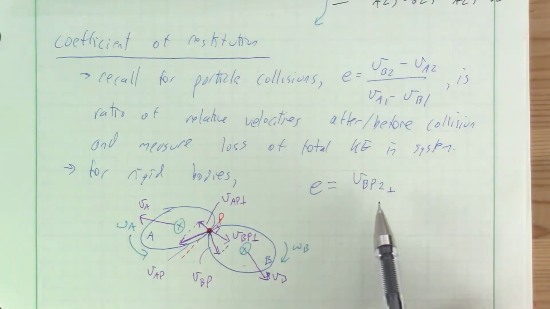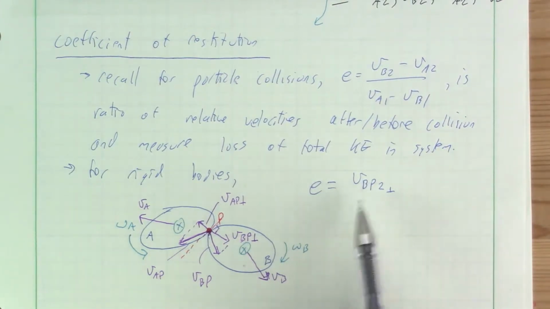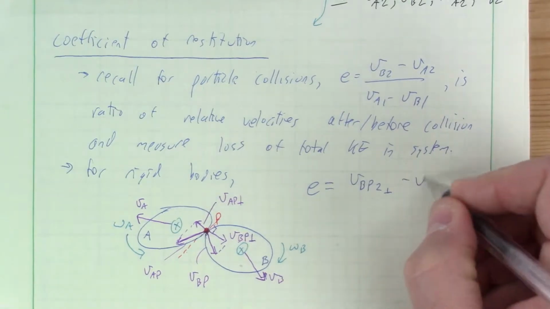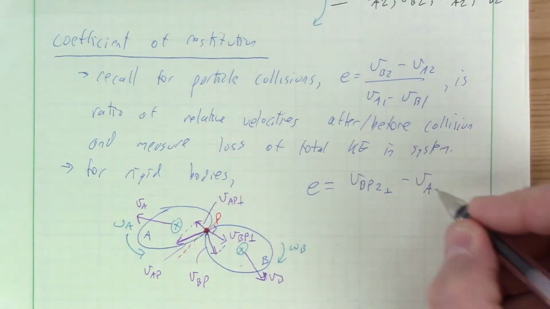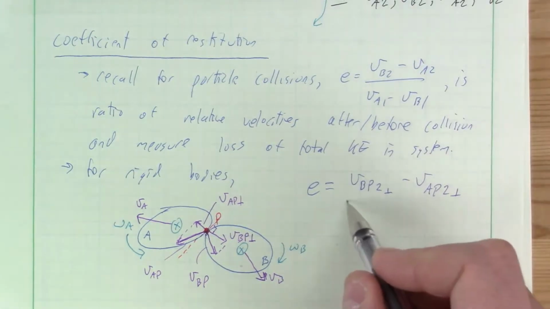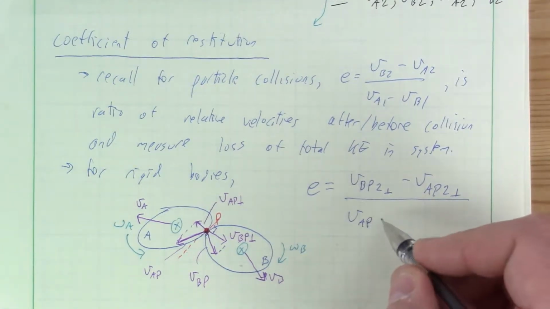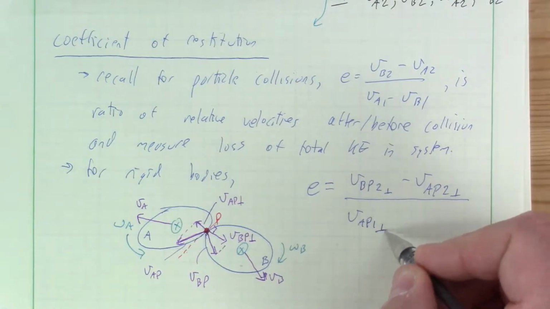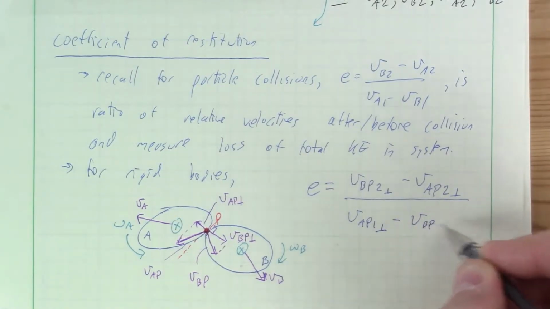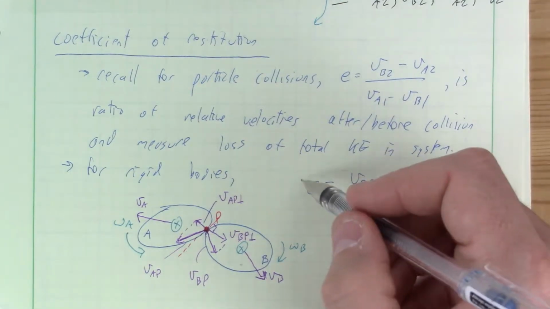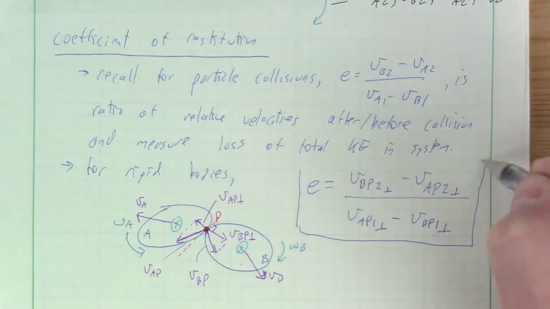This is for the B object, and you can choose either one, at the contact point in the 2 state, so after the collision, perpendicular to the plane of collision, minus the velocity for the other object at the collision point in the second state, so after the collision, perpendicular to the collision plane. And then at the bottom we write A first at the collision point in the first state, so before the collision, perpendicular, and then B at the collision point before collision, perpendicular. So that, in general, is how we define coefficient of restitution.